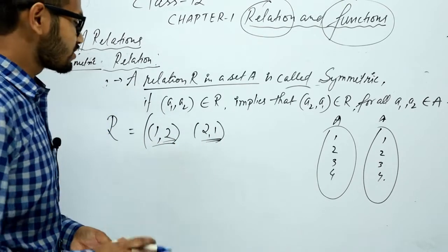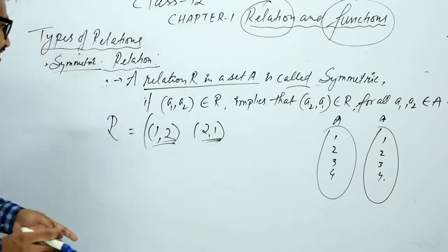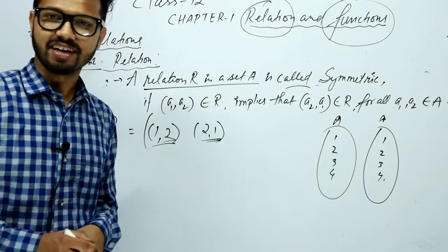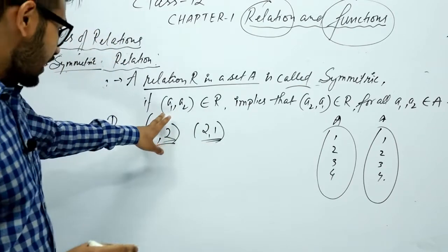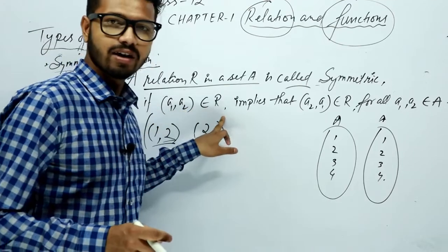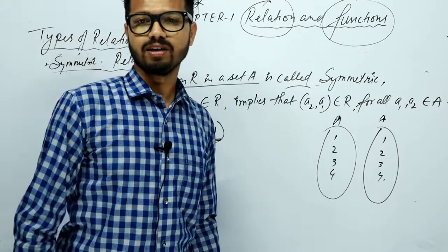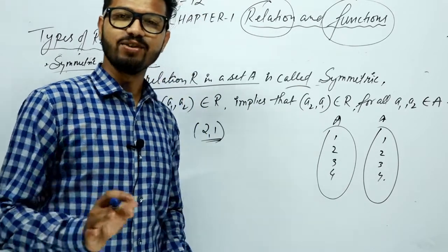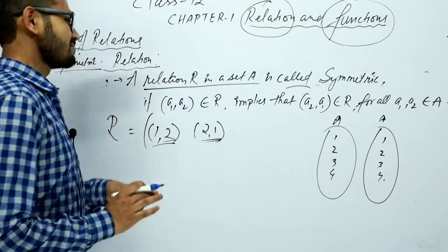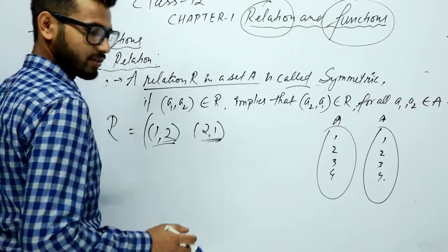If this reverse order is not present, we cannot consider it a symmetric relation. I hope it is clear. It means (1, 2) and (2, 1) should be present. Similarly, if (A1, A2) belongs to R, then (A2, A1) should also belong to R. If this is satisfied, then you can clearly say that it is a symmetric relation. I hope it is clear.